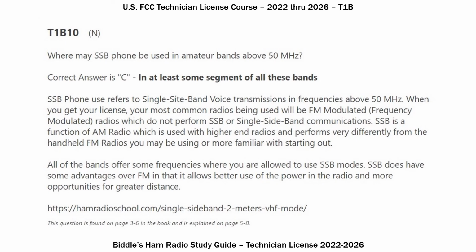SSB is tied in with AM modulation, and it's very common, most popular in HF radio. So you're able to use it in any band above 50 megahertz, but not on all frequencies.